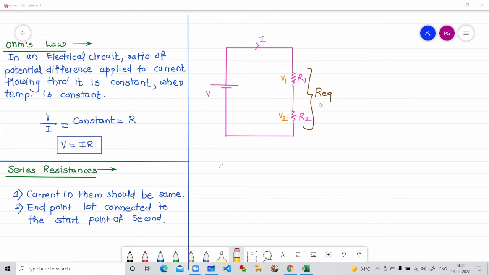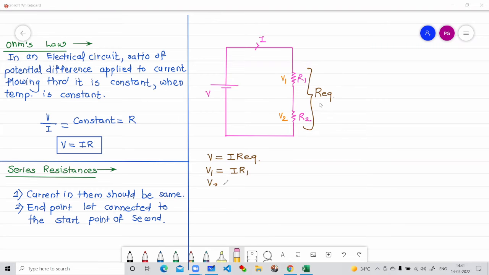So if we talk about R equivalent, V is equal to I into R equivalent. If I'm talking about V1, then I can say I into R1 is the potential.